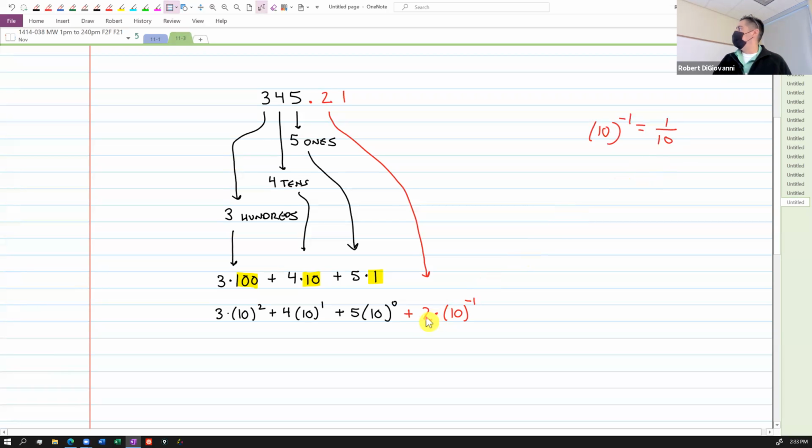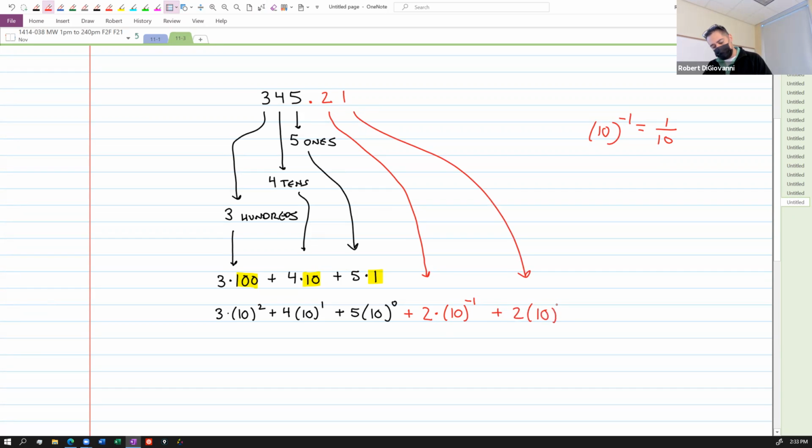So isn't this saying you have 2 tenths? And haven't we always said the first decimal place represents how many tenths we have, and the second decimal place is how many hundredths we have? So the next piece would be plus 1 times 10 to the -2. This is how many hundredths? Got it? That kind of makes sense?